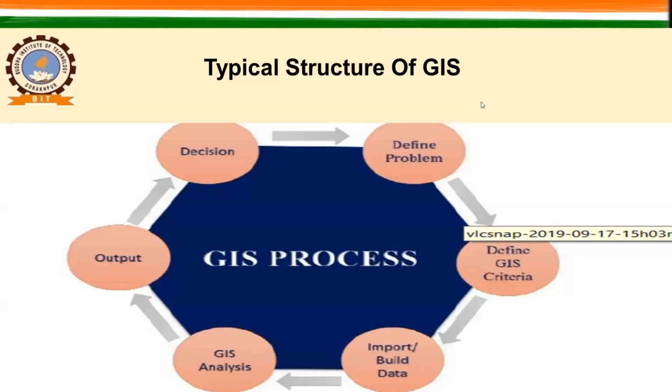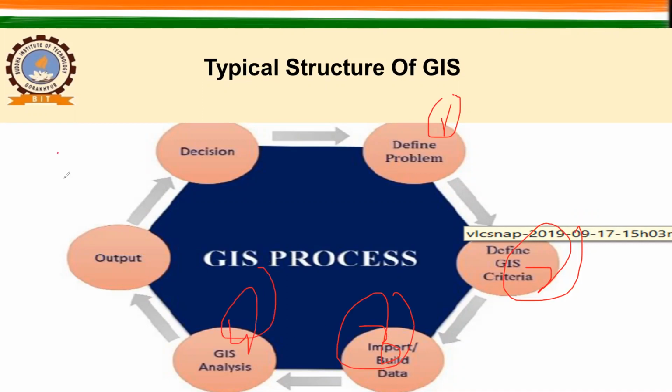So here we start with the defining the problem and we end with the decision. प्रॉब्लम से हम स्टार्ट करते हैं. पहला स्टेप हमारा है प्रॉब्लम को डिफाइन किया, GIS क्राइटेरिया को समझा, build the data, then we have GIS analysis, then we have output, and then is your decision. So this is how the complete typical structure of the GIS.